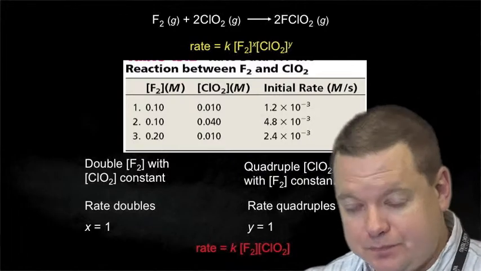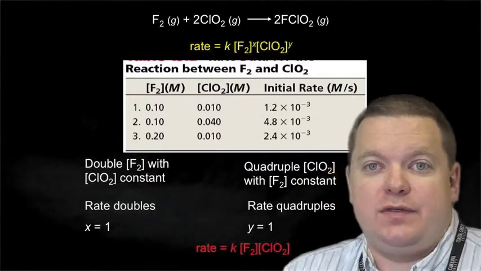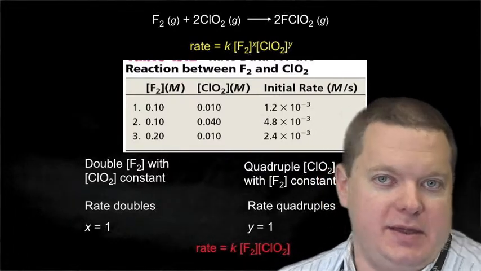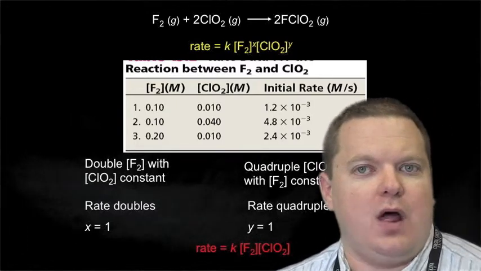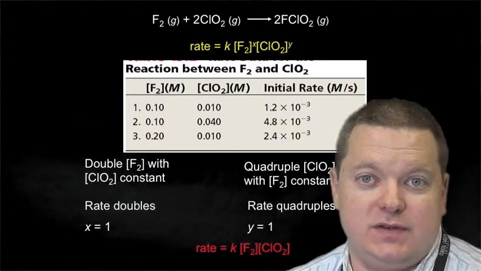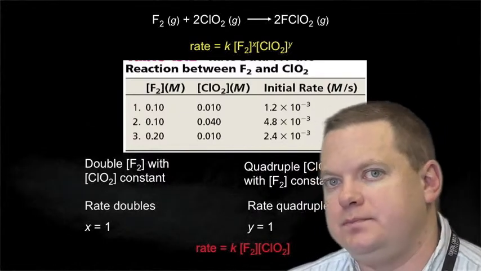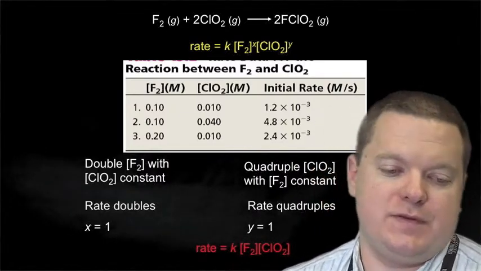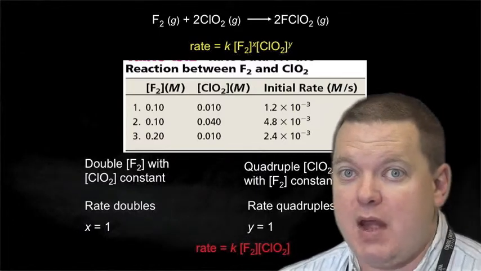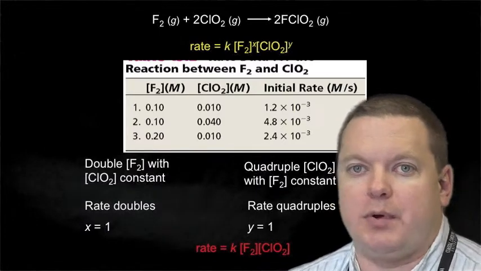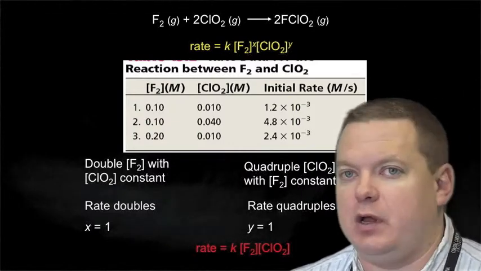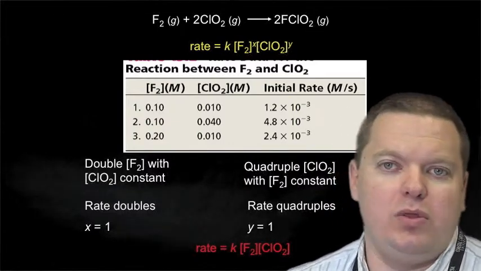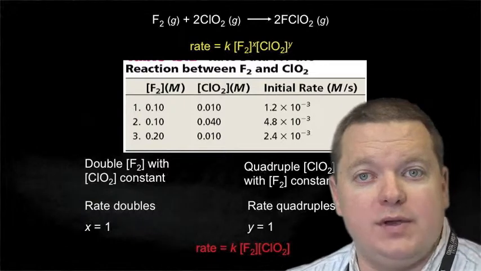We'll also see that this may not work out as easily as it did here. We may have to use the rules of logs to calculate what these actual orders are. We'll also see that our orders may not necessarily be whole numbers. We're going to talk primarily in the text and in class about examples where we have whole number orders, but that's not always the case.